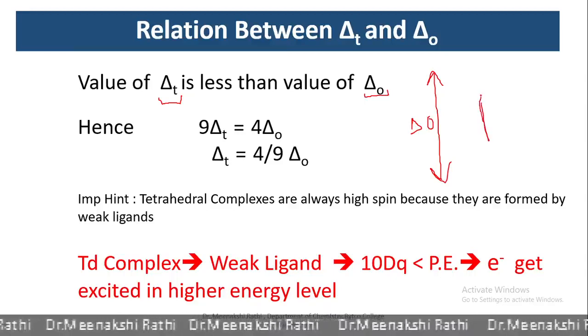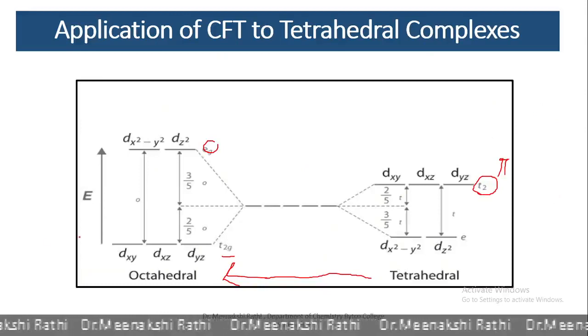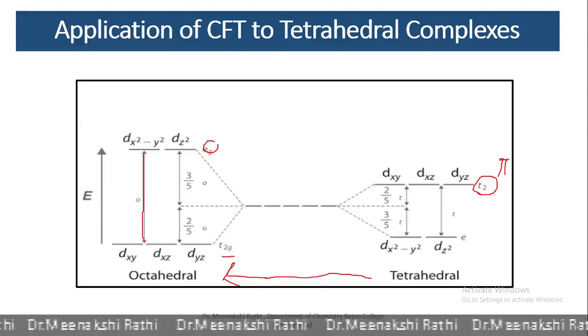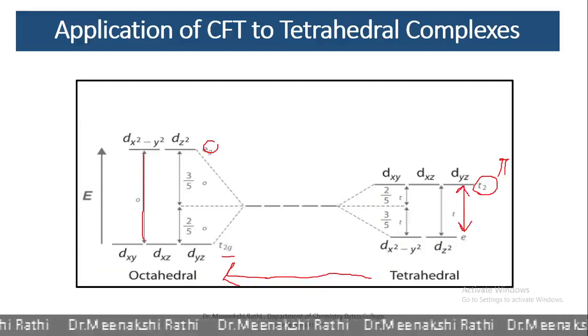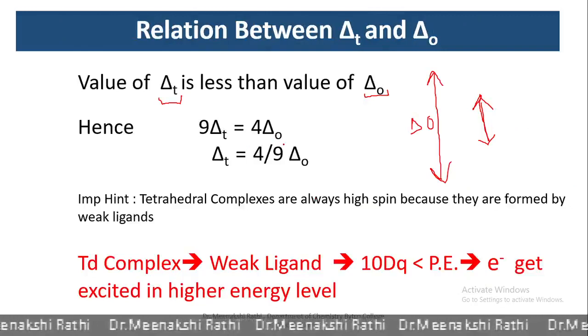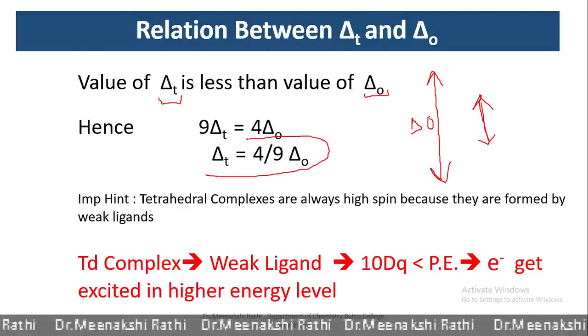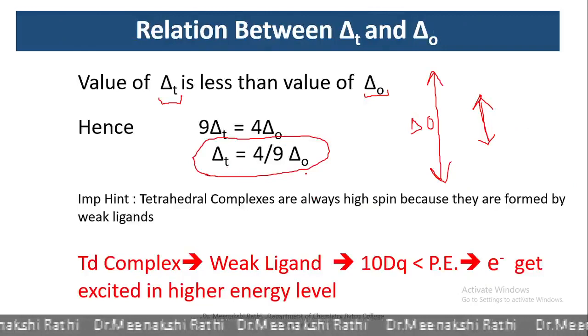In delta T, though there is a splitting, the distance in this diagram is smaller as compared to this distance in delta O. So the relationship between delta T and delta O is that delta T is equal to 4 by 9 delta O.